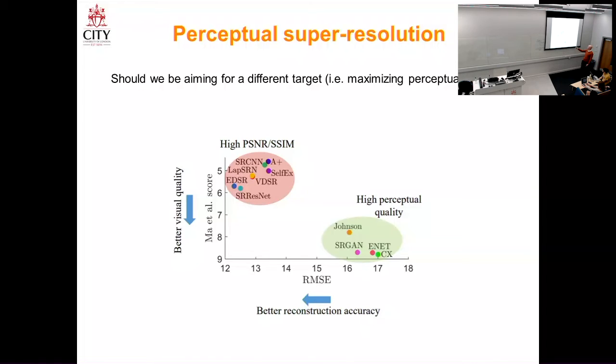So ideally, you're going to be somewhere down here where you have high visual quality and high reconstruction accuracy. But there are really two camps here. There's the camp that has EDSR, where you actually do very well in terms of mean square error, PSNR, but the perceptual quality might be a bit low. There's another class of techniques that try to maximize the perceptual quality instead. So they're going for a different target.